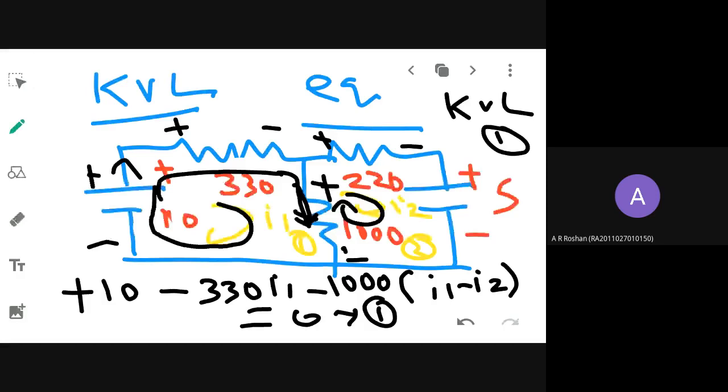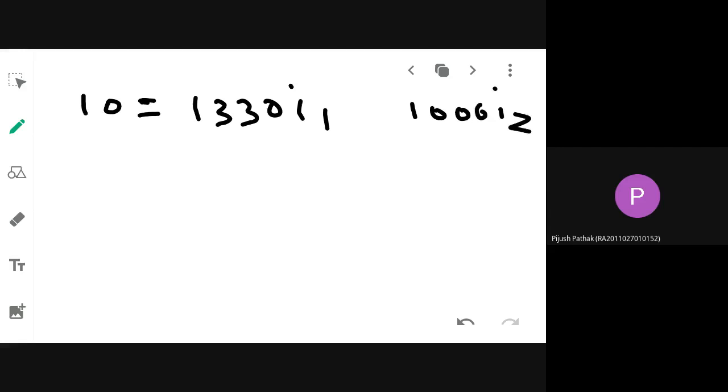What is the coefficient of I2? 1000 I2. What is the sign? Minus. Let this be equation number A.